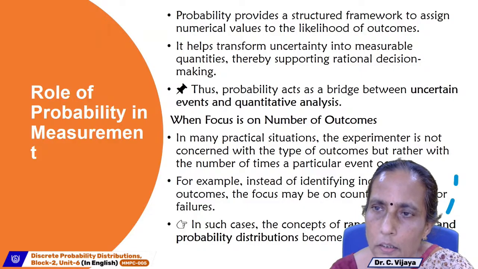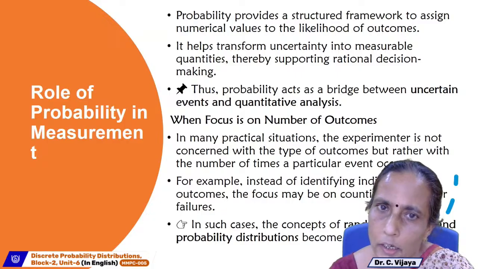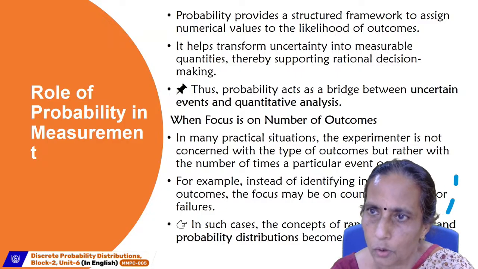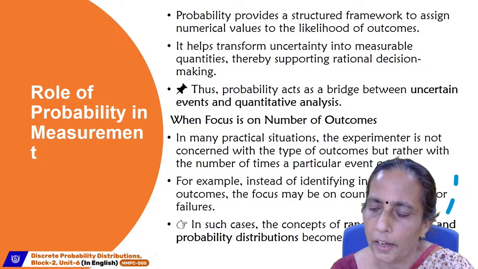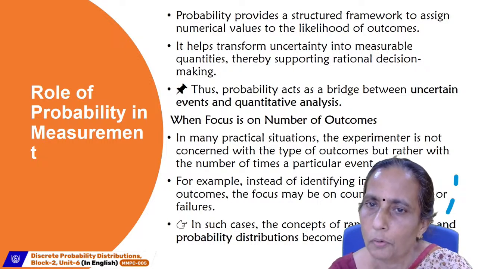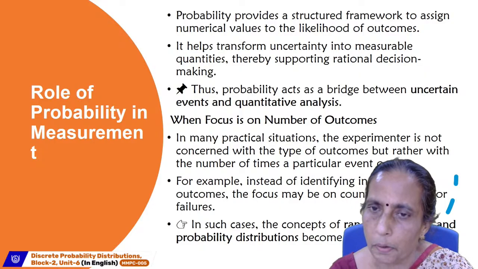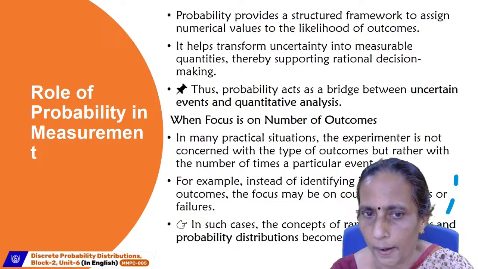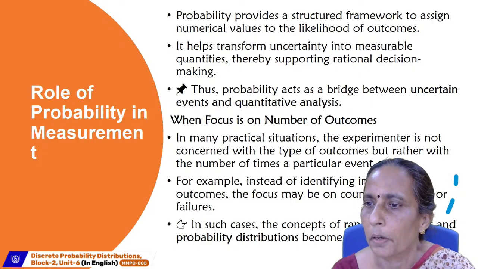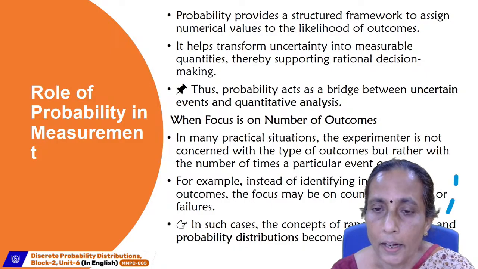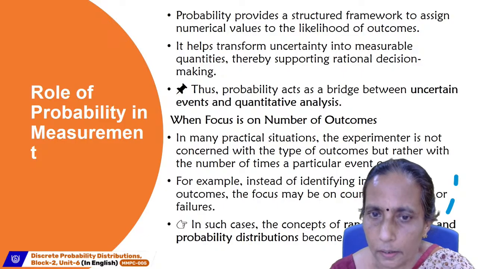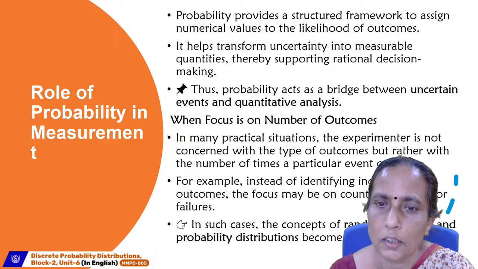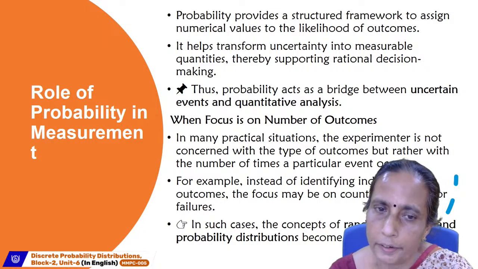Probability provides a structured framework to assign numerical values to the likelihood of outcomes. So probability assigns a numeric value to the possible outcomes of your random experiment. It helps transform uncertainty into a measurable quantity, thereby supporting rational decision making. Thus probability acts as a bridge between uncertain events and quantitative analysis.